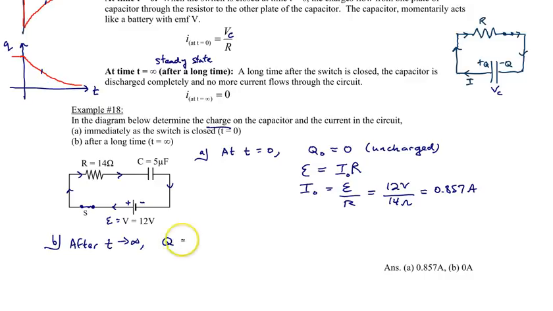And that will be equal to Q equals C times V. So Q is equal to 5 microfarads times the potential drop across that, which will now be 12 volts, because there will be no potential drop over the resistor R here, since there won't be any current flowing once it's charged, and so all the potential drop will be across the capacitor now. That will give you a charge of 60 microcoulombs. And the current will be, at that point, 0. And that's it for example number 18.